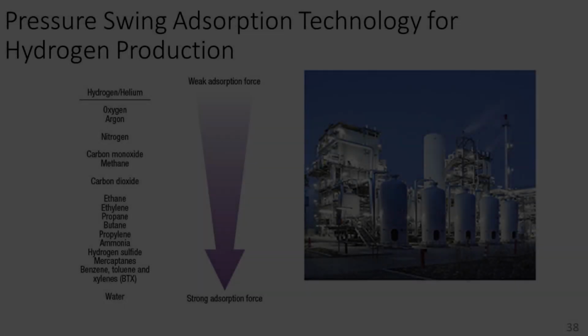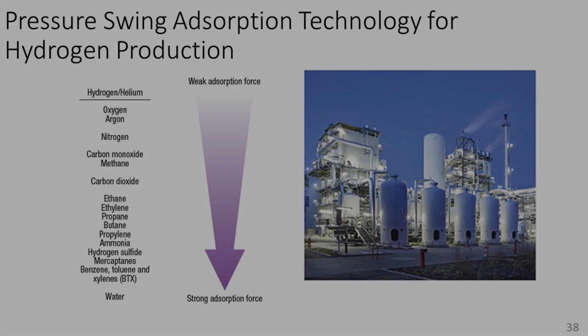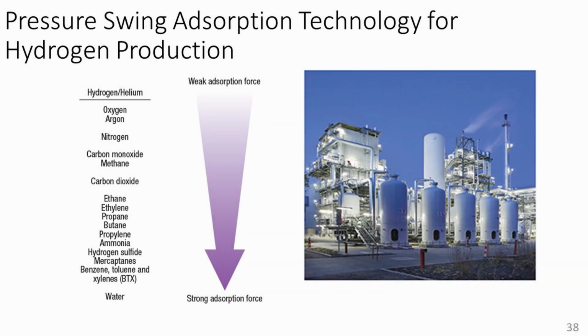Pressure swing adsorption. Pressure swing adsorption technology is based on a physical bonding of gas molecules to a solid adsorbent material. The adsorbent material can be a combination of active carbon, silica gel, carbon molecular sieves, and zeolite. The attractive forces between the gas molecules and the adsorbent materials depend on the gas composition, type of adsorbent material, the partial pressure of the gas component, and the operating temperature.